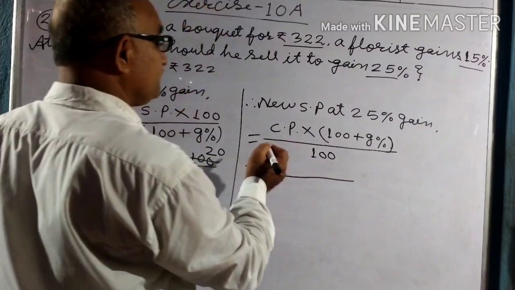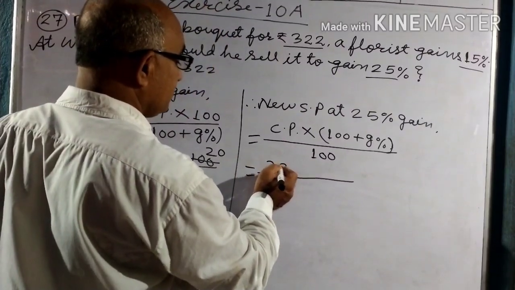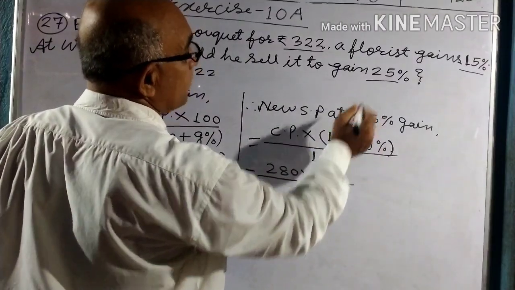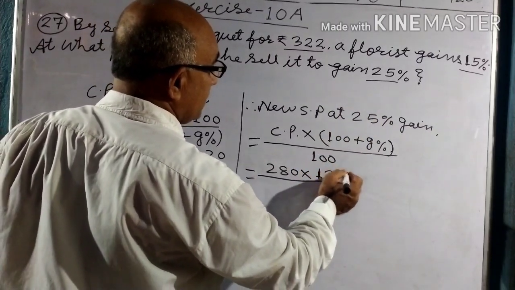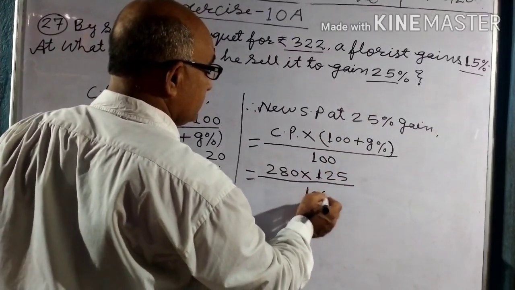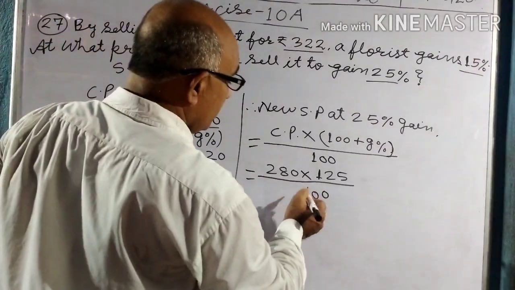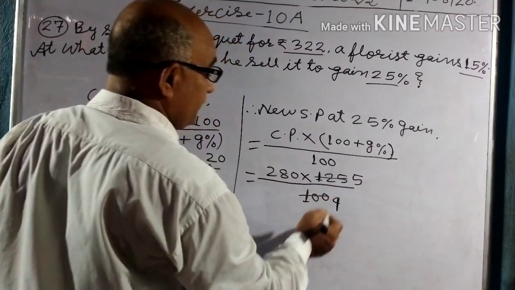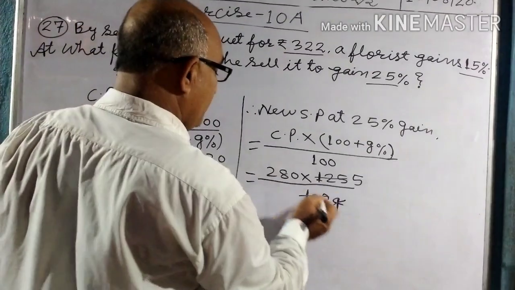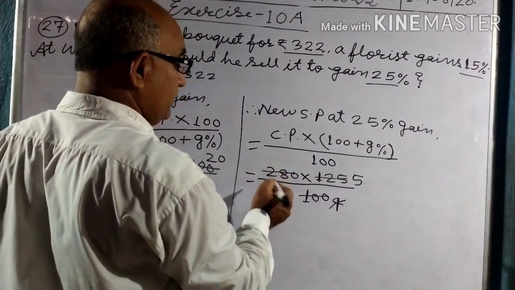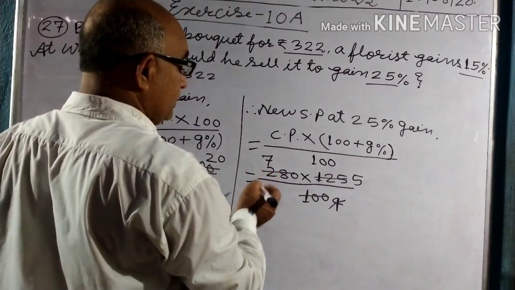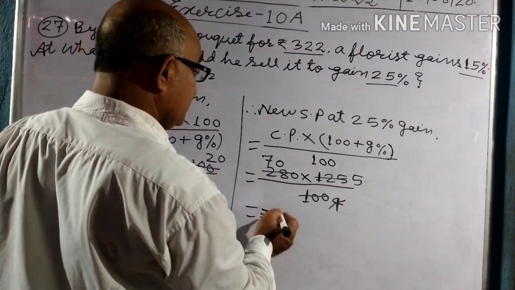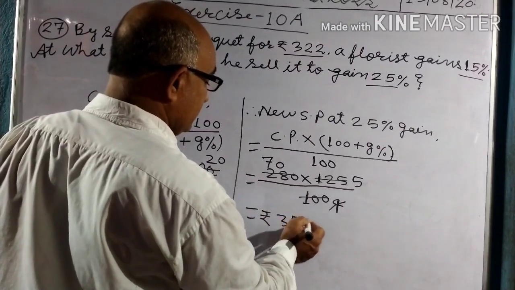CP equals 280 into 100 plus 25%, 125 by 100. Divide by 25: 5 twenty-fives are 125 and 4 twenty-fives are 100. 4 times 280 divided by 4, 7 fours are 28, 0, 7 fives are 35, rupees 350.